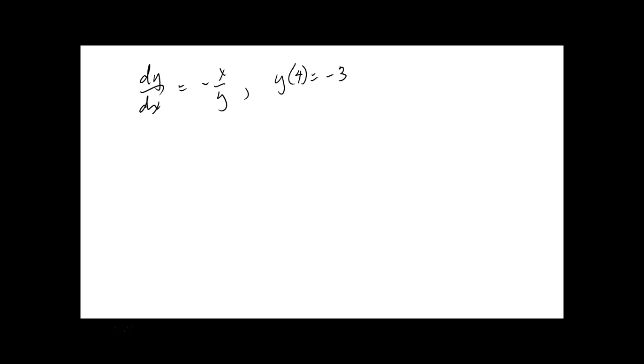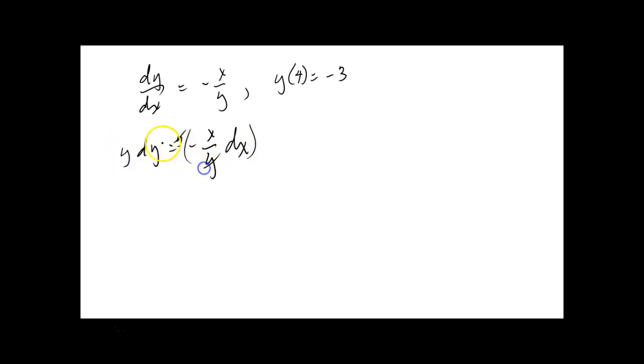So how do we proceed here? Well, again, I would suggest writing in differential form. dy is equal to minus x over y dx. Well, now you got x's together, and if you just multiply both sides of the equation by y, you will get the y's together too.